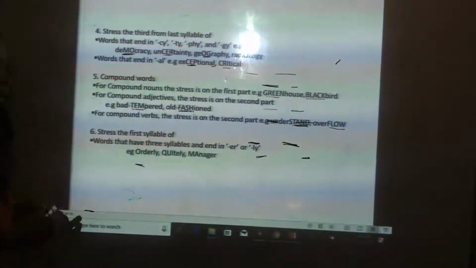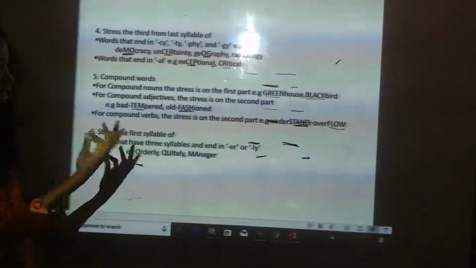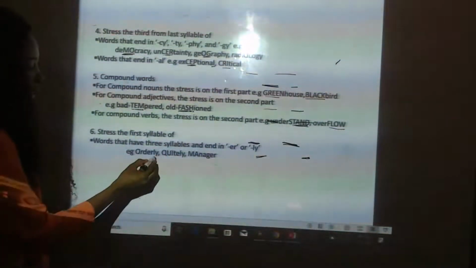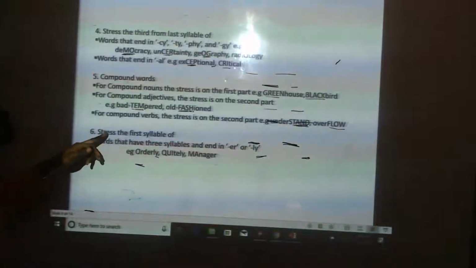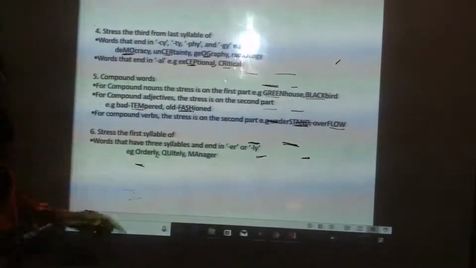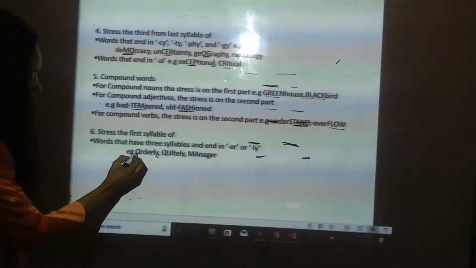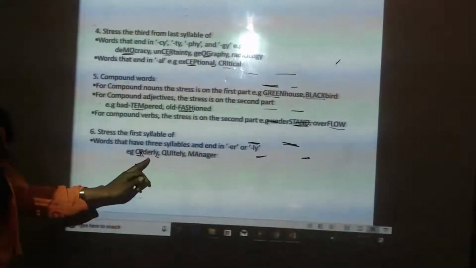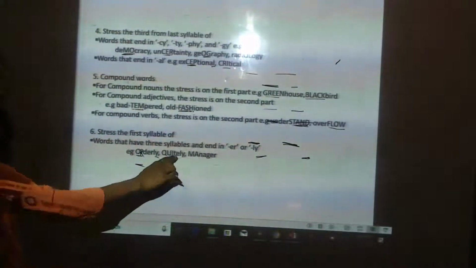For example, here we have orderly. It is a three-syllabic word, orderly, and it ends with -ly. Therefore, the rule says stress the first syllable, and the first syllable here is or, orderly.